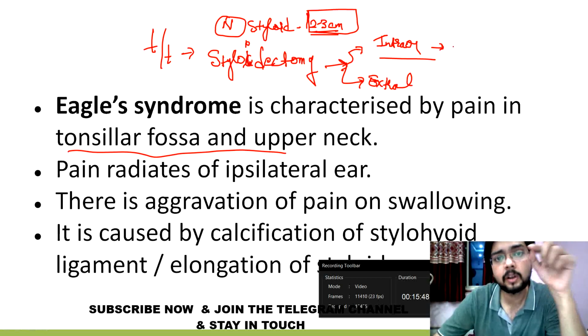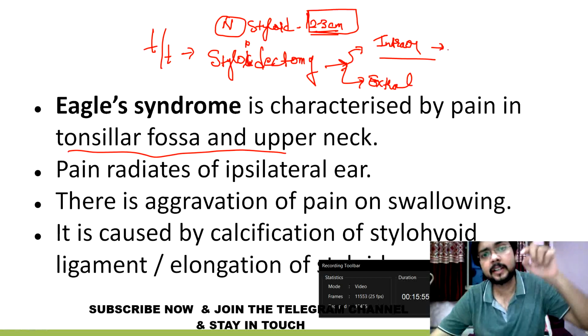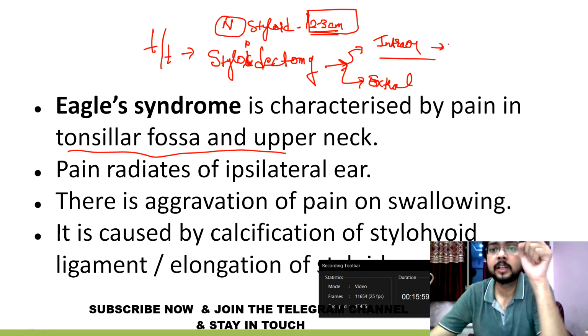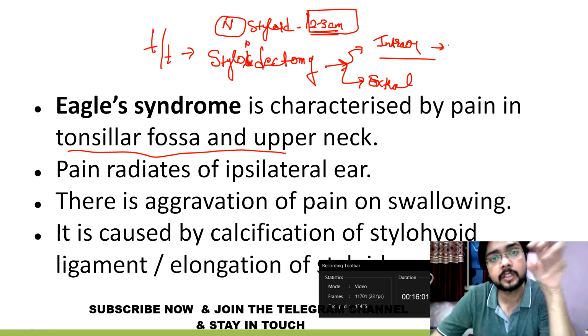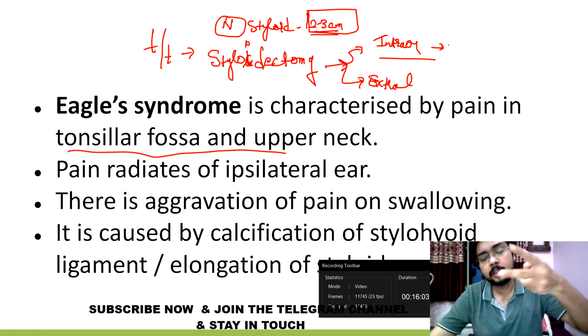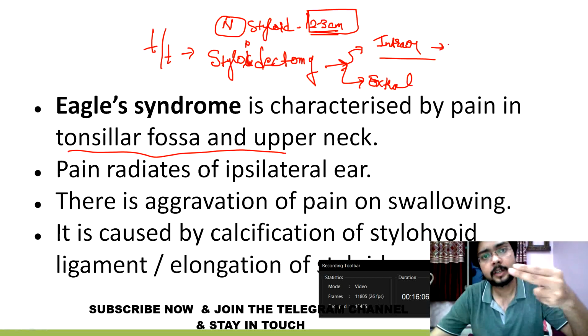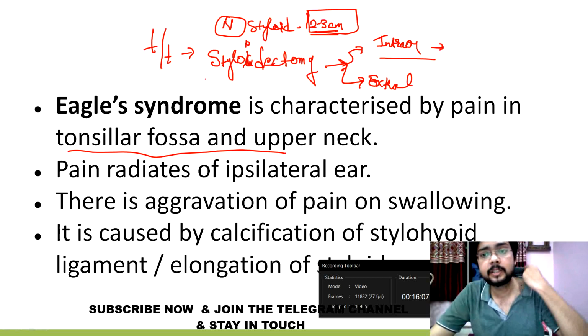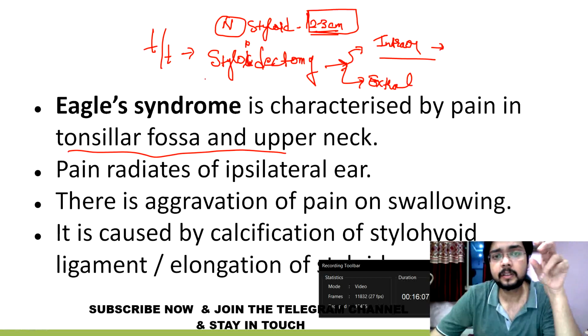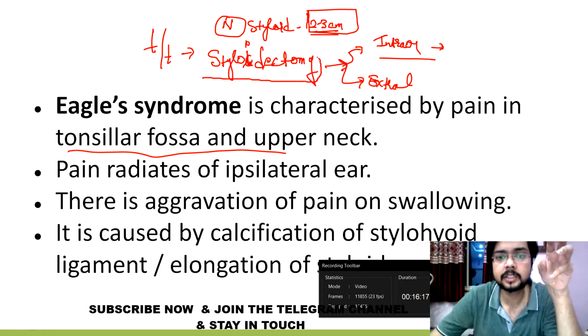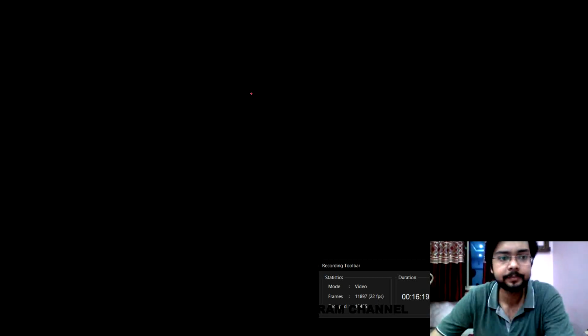If it is elongated, you will feel the tip of the styloid process, and the patient will say yes, it is paining. This denotes that the styloid process is elongated. So intraorally from the tonsillar fossa, you can hold the tip of the styloid process and break its tip with the artery forceps. In this way, you can relieve the patient of the chronic pain she is suffering. So this is called styloidectomy, right?